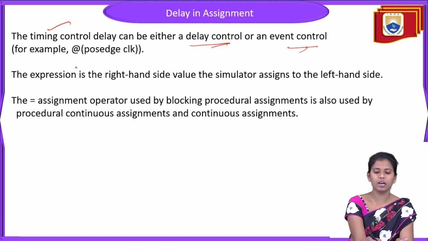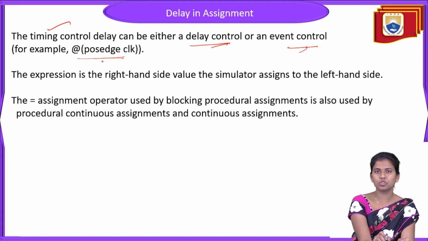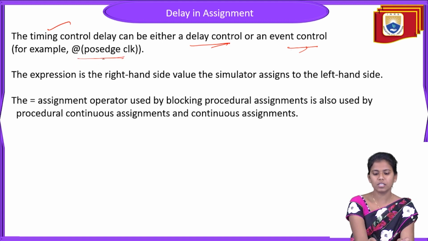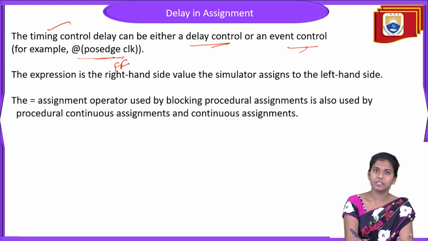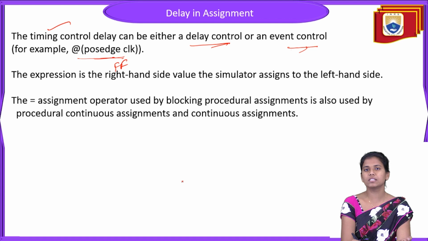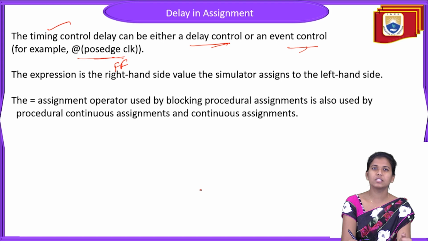For example, here, @ posedge clock. We will see this posedge clock only with respect to flip-flops. We have seen in the last class, coming to the design examples of assignment statements, what sort of examples we had considered: the sequential assignment statements, flip-flops, latches.